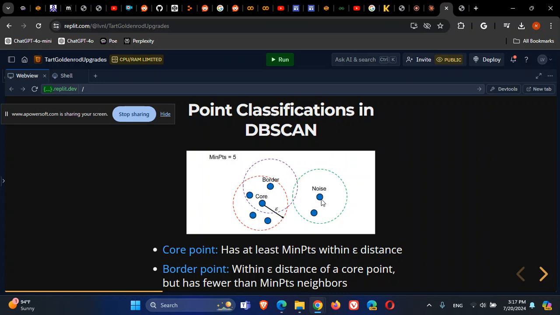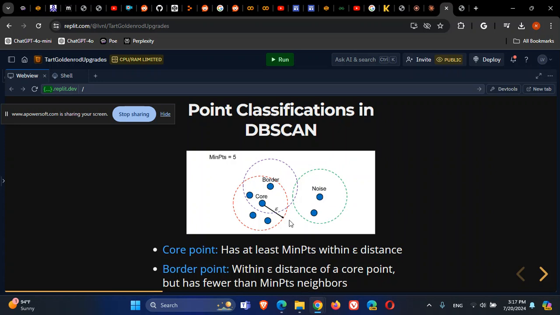And if I have a point and I look at the radius epsilon around that point, and I find that there are no min points in the radius epsilon of that point, and there is no core point in that radius from this point, then this point is not a core point.